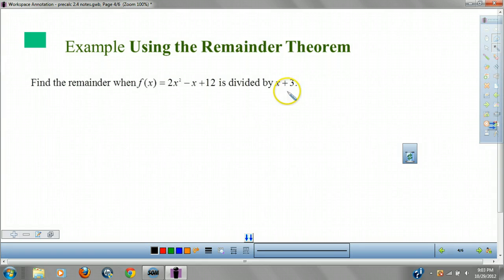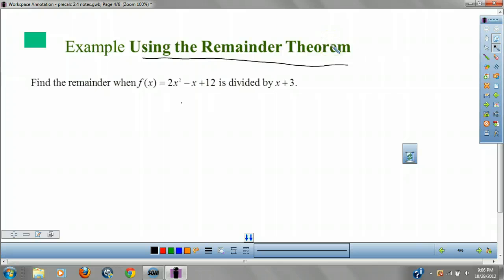Well, I'm going to do this super quick method. Okay guys, last slide. Using that remainder theorem, we're dividing this function by x plus 3. We could do this the old-fashioned way.